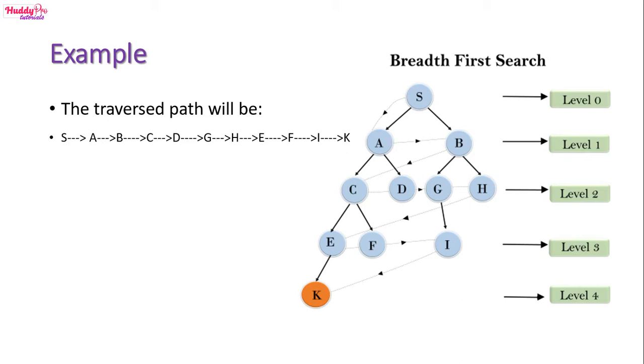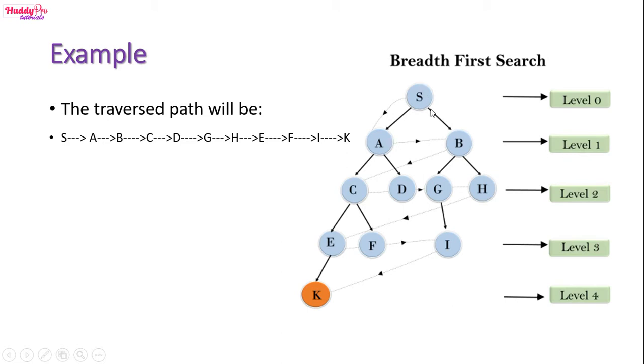So we have shown the traversing of the tree using the breadth first search algorithm from the root node S to the goal node K. So this is our root node S and our goal is K. Now the breadth first search algorithm will traverse in layers, so it will follow the path that is shown by these dotted arrows.